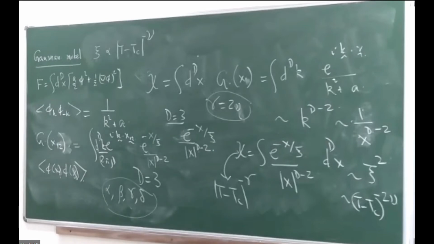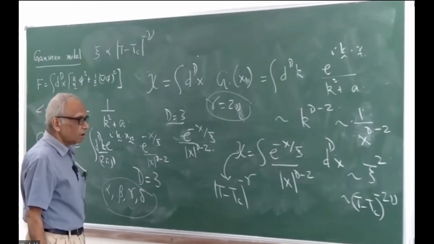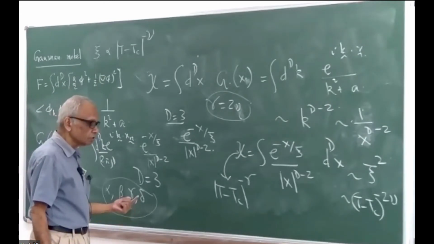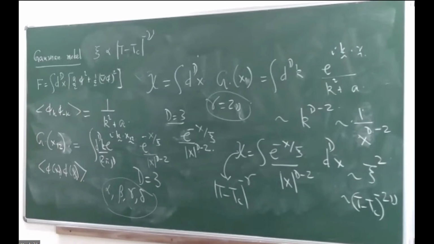Now, way back in the 40s, Onsager had an exact solution for the d equal to 2 Ising model. The susceptibility behavior came later.